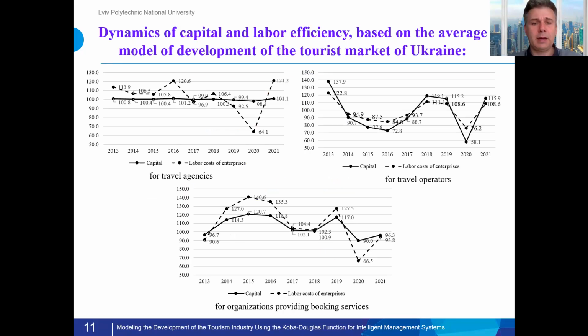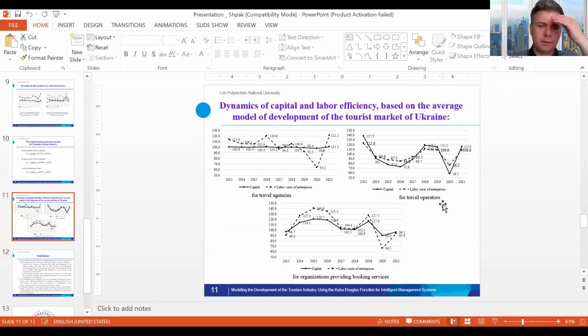And here is the dynamics of capital and the dynamics of capital and labor efficiency. And this is based on the average model development of the tourism industry in Ukraine.